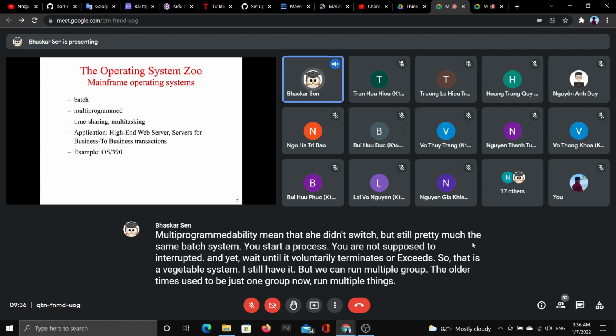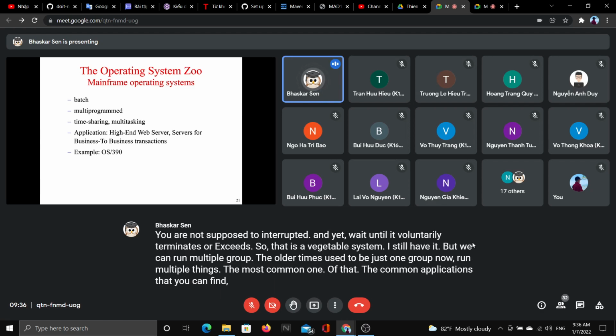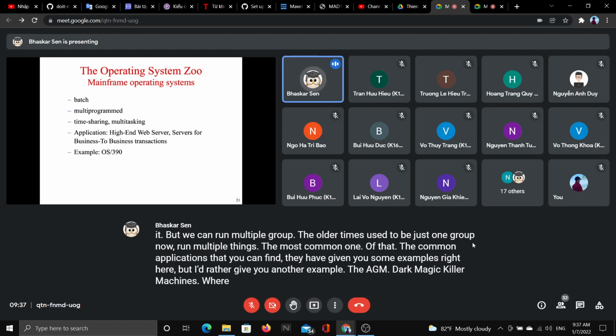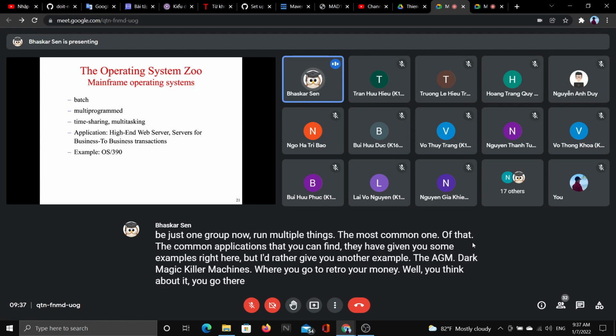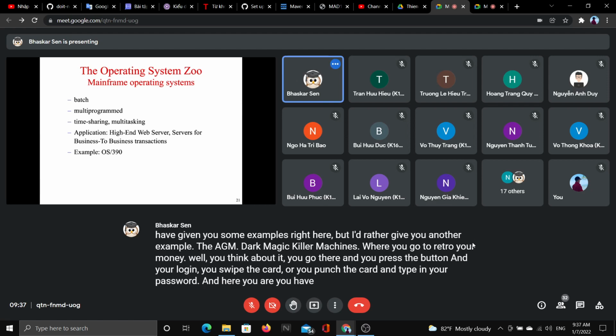The most common one of that, the common applications that you can find, they have given you some examples right here, but I'd rather give you another example. The ATM, the automatic teller machines, where you go to withdraw your money. Well, you think about it, you go there and you press the button and you log in, you swipe the card or you punch the card and type in your password, and there you are, you have a few options, right?